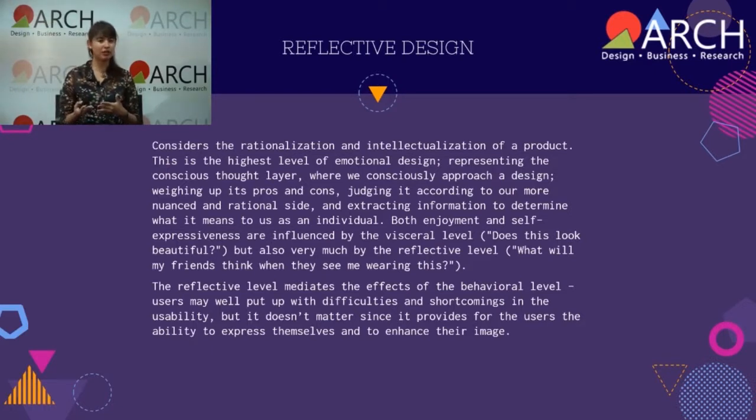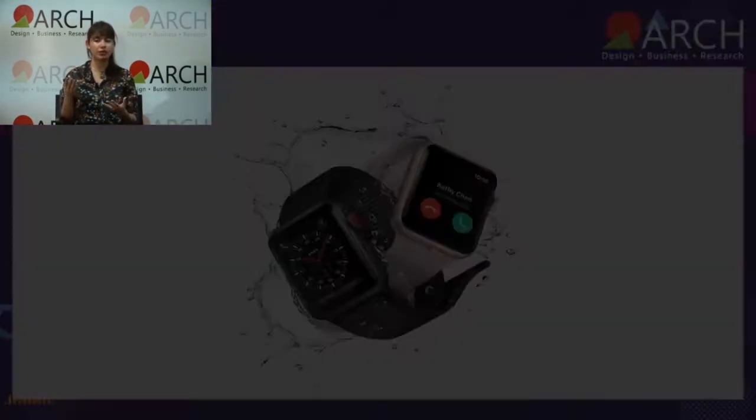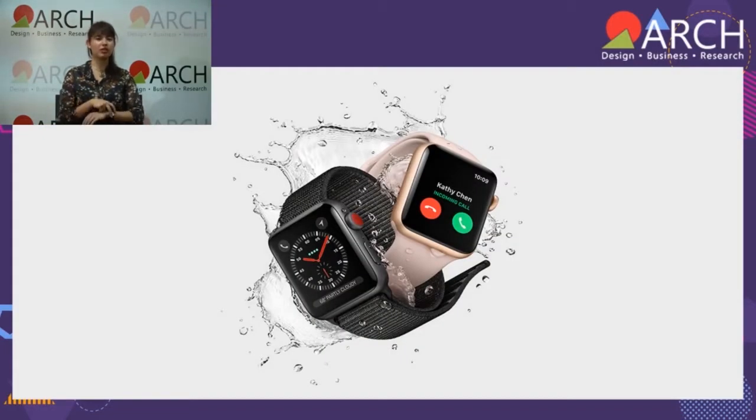But think about the function. This is a watch. What is the difference from this watch to this one that I have over here? I still can see the time, maybe even worse on the iWatch than on this one that I have. But why do people buy it?